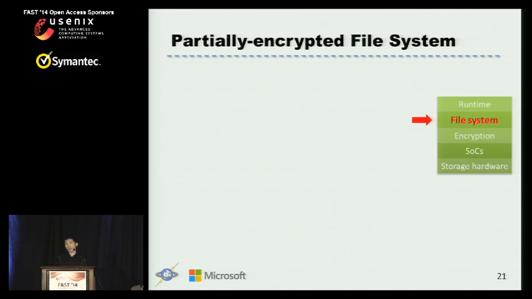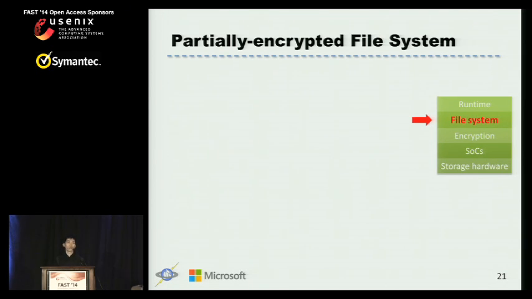And let's move to the second level, file system. If the encryption hardware doesn't improve, the throughput of the encryptor cannot be high enough to meet the requirement of the storage system. So we still need to use the general purpose CPU to deal with the encryption tasks.